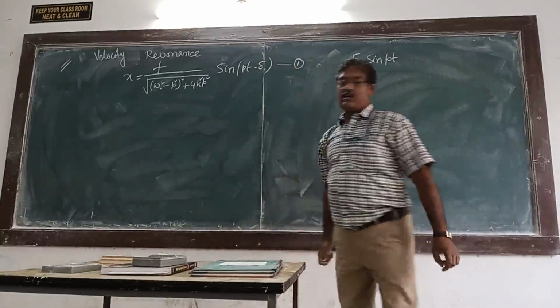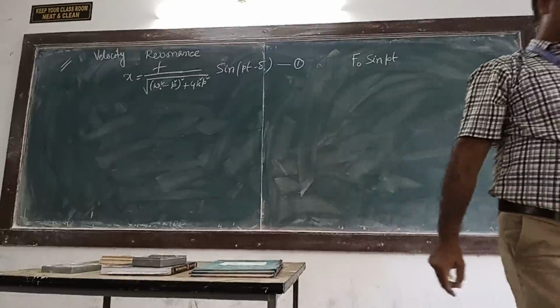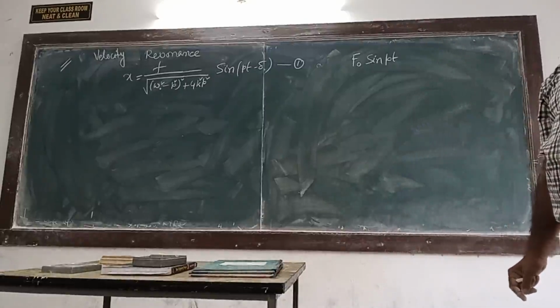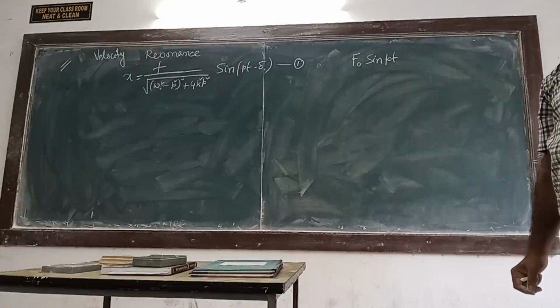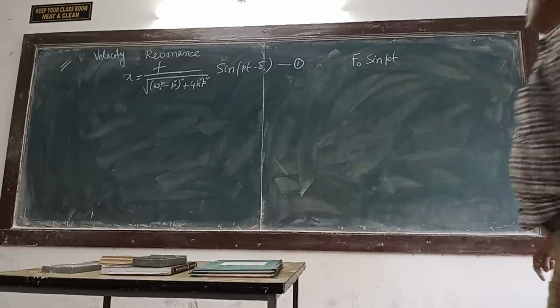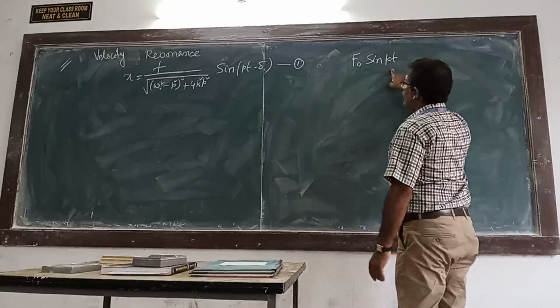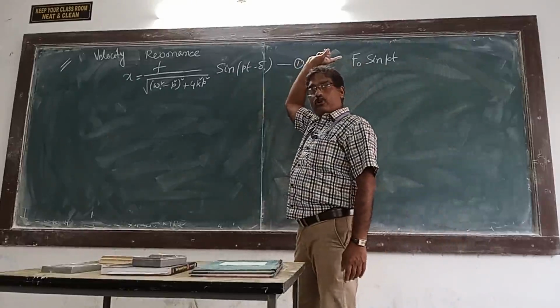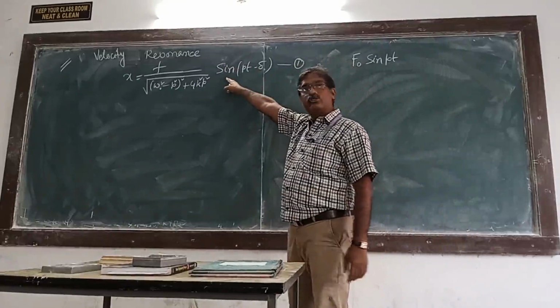Now this is the displacement. Since the applied force is F0 sin Pt, here we take the sin term. If the applied force is F0 cos Pt, then we will take the cos term here.